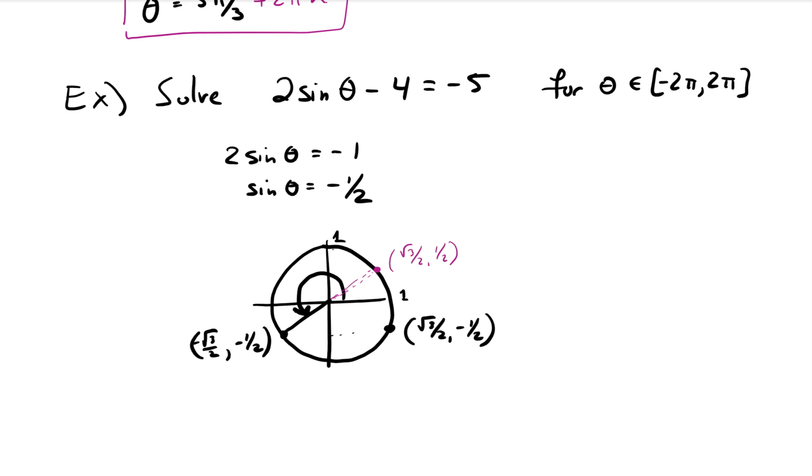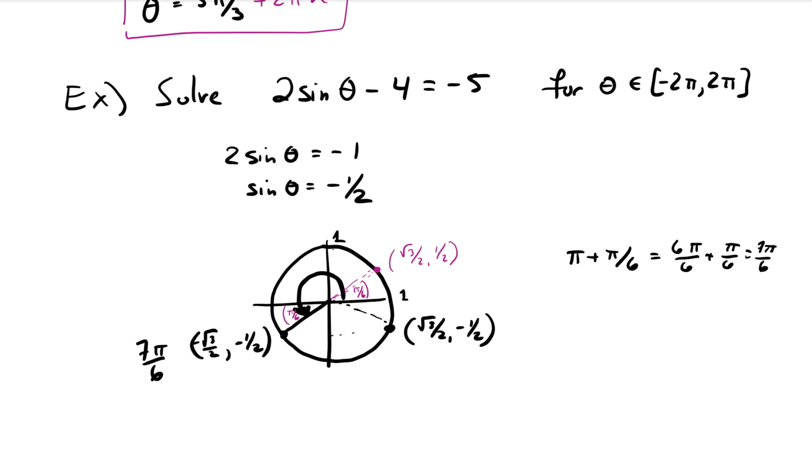So the cosine is √3/2, and sine is 1/2. So that occurs at pi over 6. This angle I'm looking at, the big one here, that's pi plus an extra pi over 6. So that's 6 pi over 6 plus pi over 6, that's 7 pi over 6. So 7 pi over 6 is one angle.